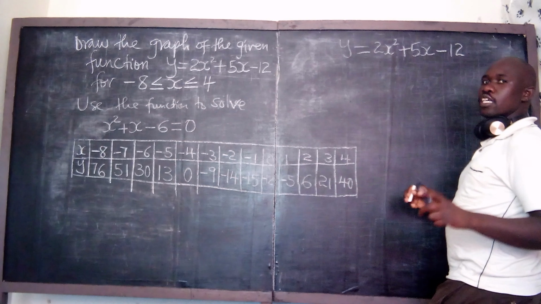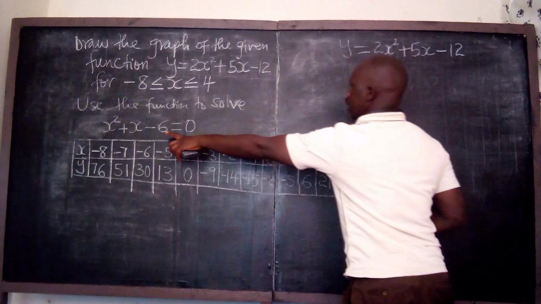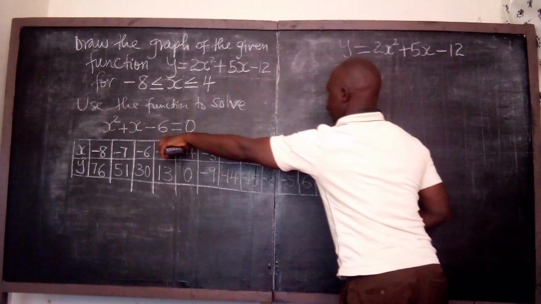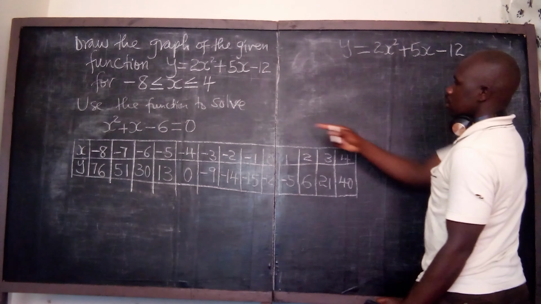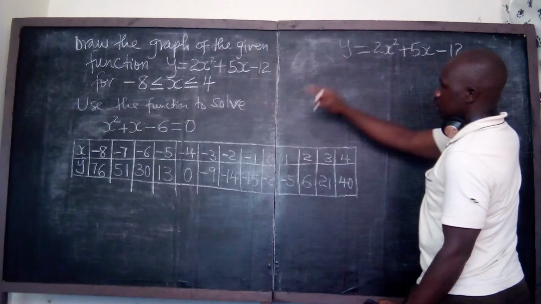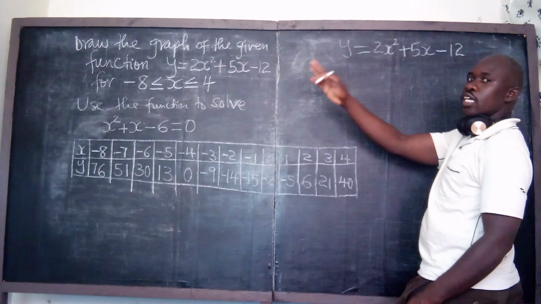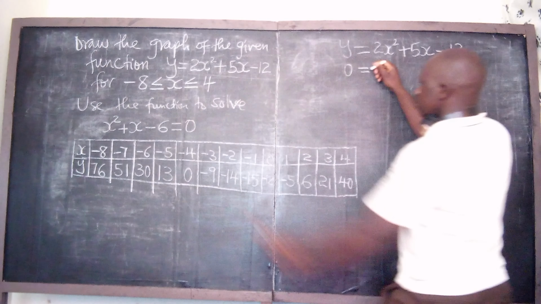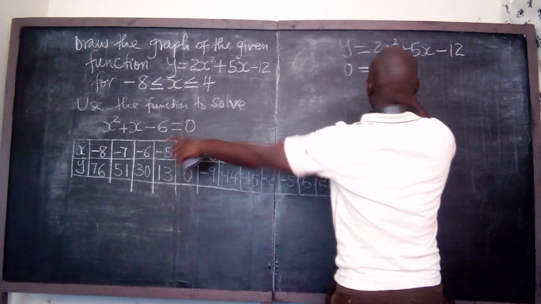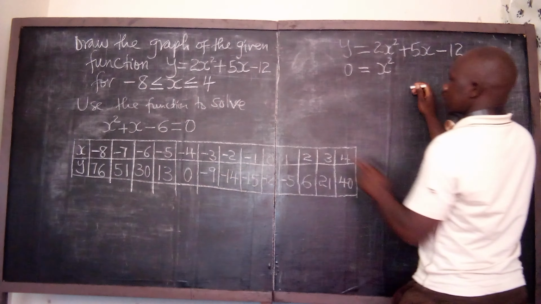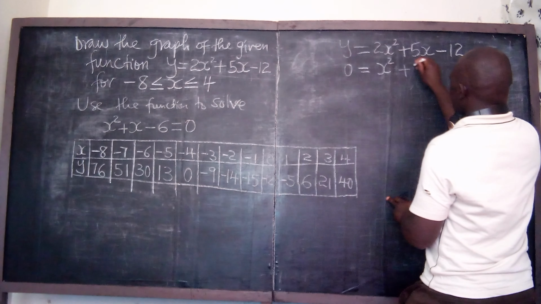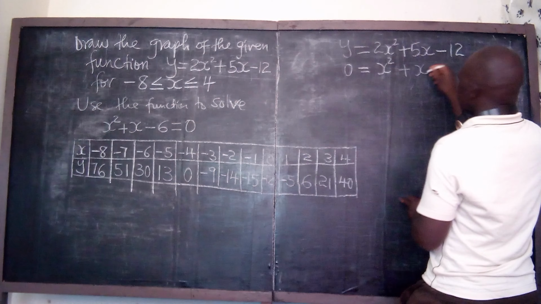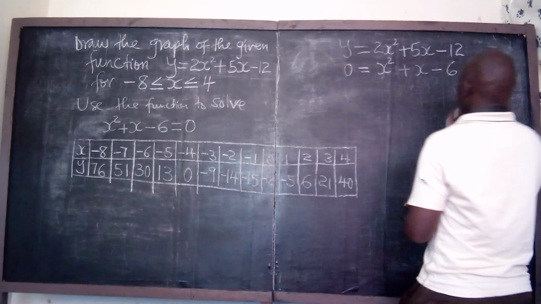Now we use the graph to solve x squared plus x minus 6 is equal to 0. So we can write it such that each corresponds to their terms: 0 is equal to x squared plus x minus 6.